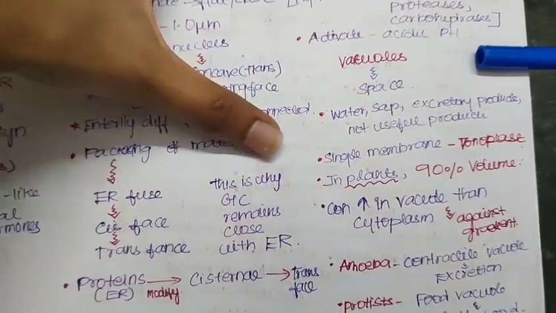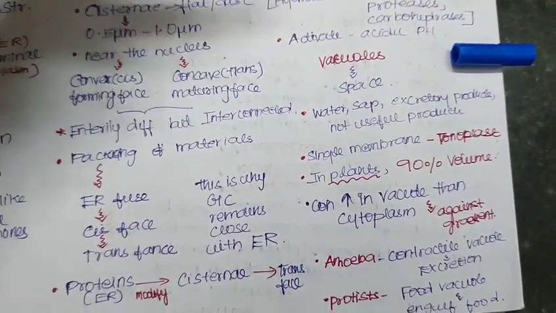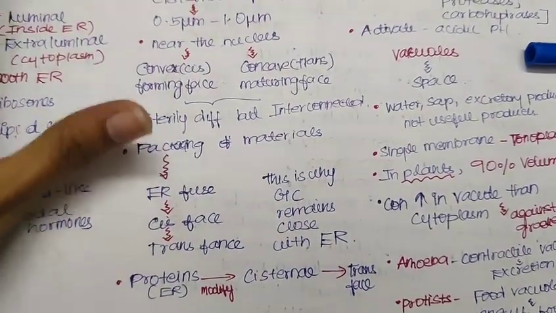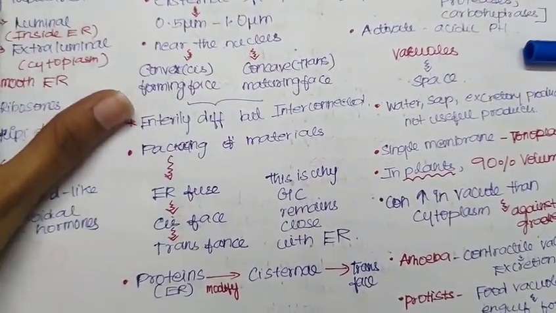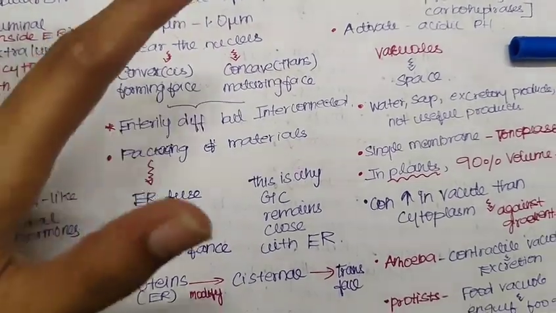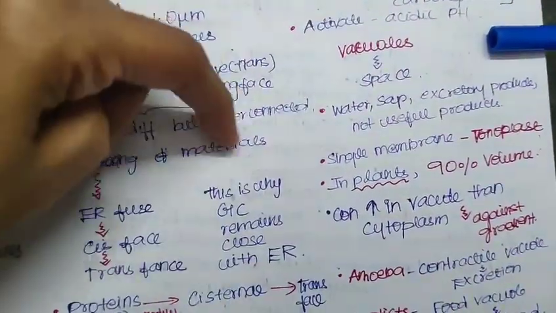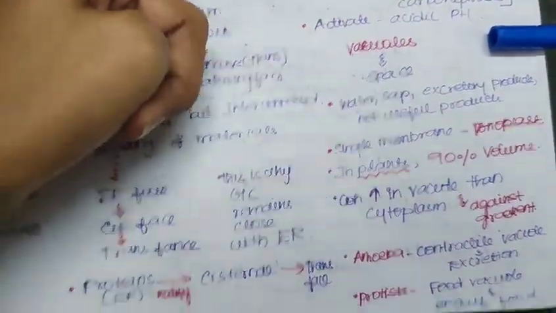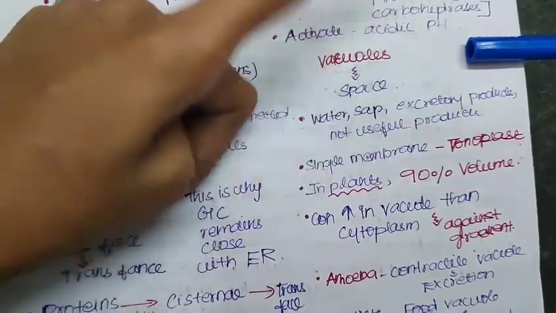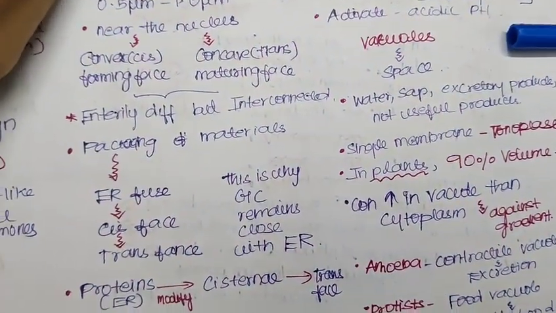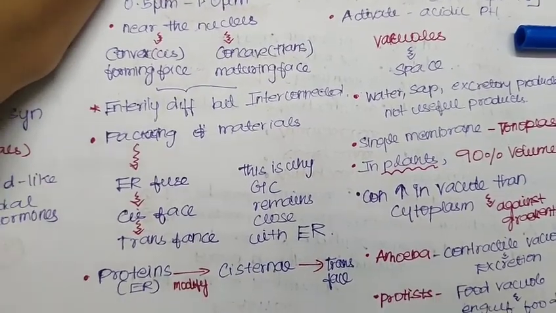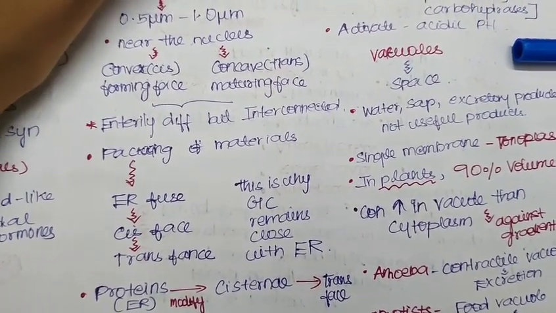These are made up of a single membrane. Whether an organelle is made up of a single membrane or a double membrane, how to memorize it, I have given a trick video for that. You can go and watch it, so it will be easier for you instead of memorizing each and every one. This single membrane is called the tonoplast. In the case of plants, 90% of the cell volume is occupied by this vacuole, so it is large in size.